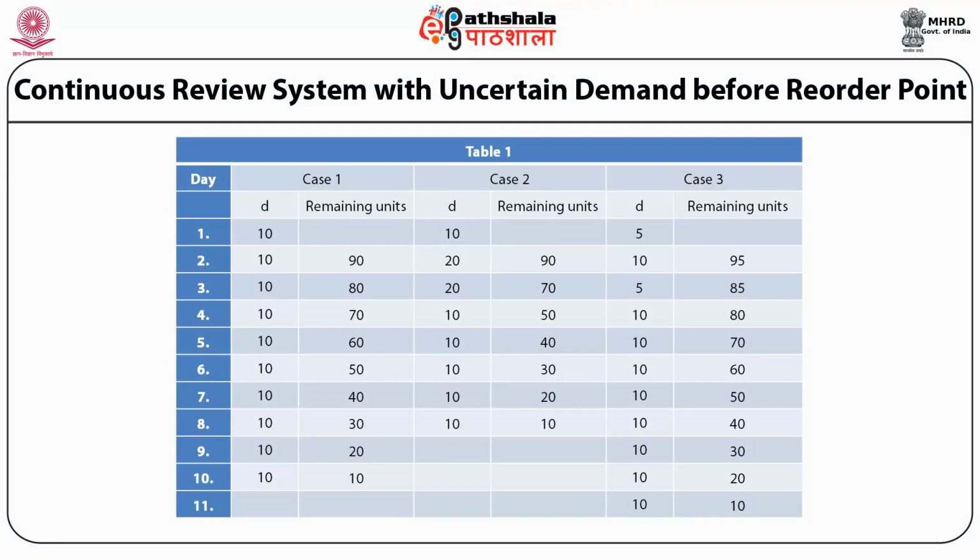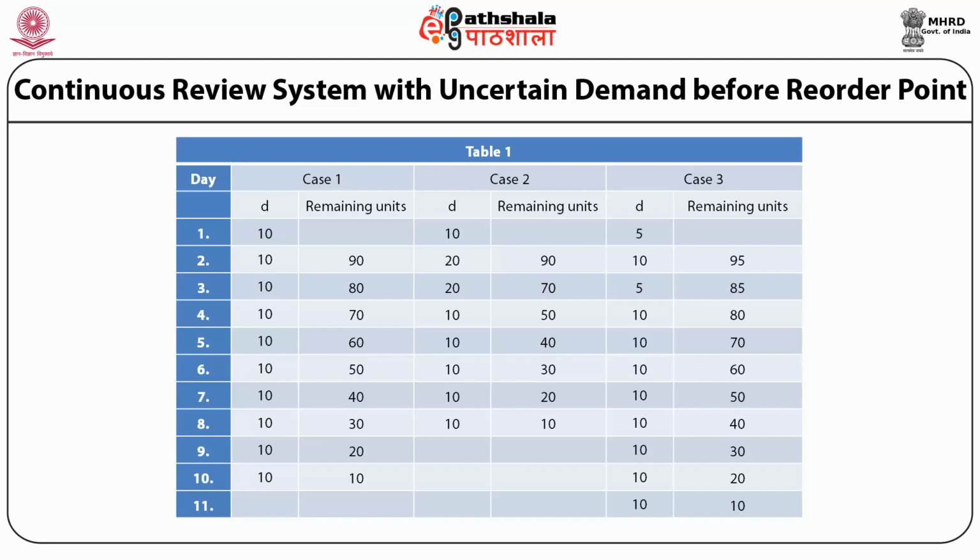Day 3 D 10, remaining units 80. Likewise, day 4 remaining units 70. Day 5 remaining units 60. Day 6 remaining units 50. Day 7 remaining units 40. Day 8 remaining units 30. Day 9 remaining units 20. Day 10 remaining units 10. And then day 11 nil.